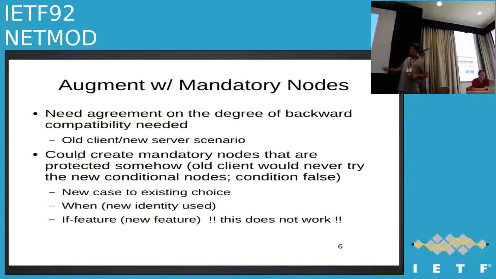We've discussed that if you have when type equals new identity, then the old client won't know about this new identity, so it won't try to create the entry with type equals the new identity, and that protects you from that client inadvertently adding this mandatory node. There's other things like if-feature.